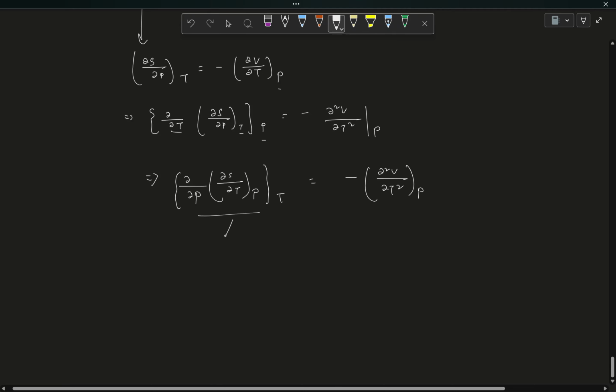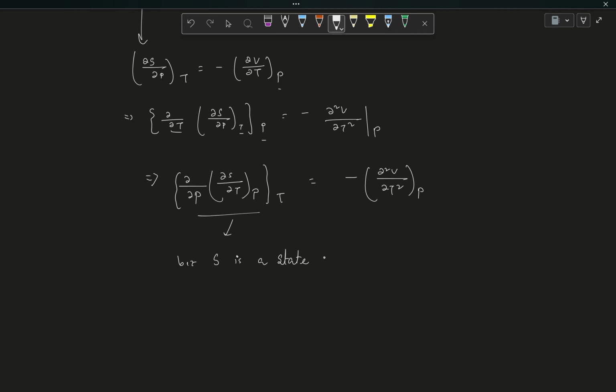And why are we able to do that? Because entropy S is a state variable. So it depends on the particular state, like temperature, pressure, etc. So the order of the partial differentiation does not change anything.